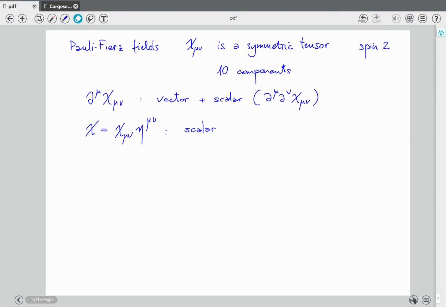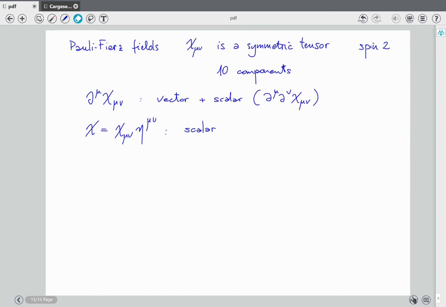I forgot something here now. I forgot to mention one property that we are going to use here. But before using it for Pauli-Fierz fields, we wanted to check it with Proca fields.